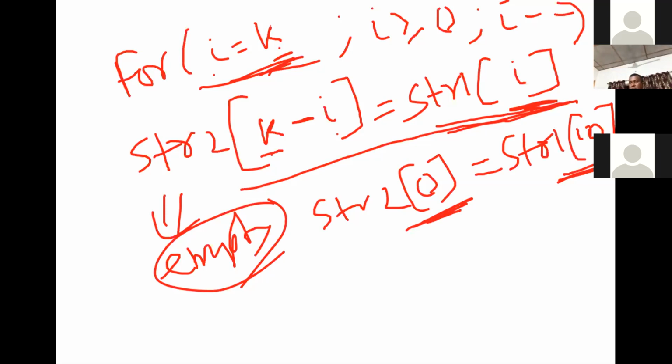Are you getting it? Means I am storing the value available in string 1 at position 10 to where? The first position of string 2, because this string 2 is right now empty. Getting it?